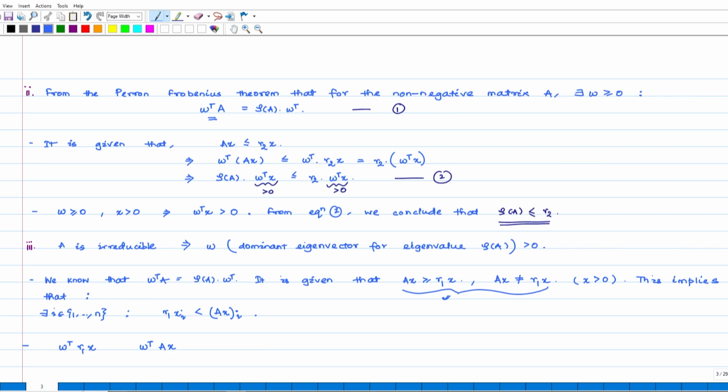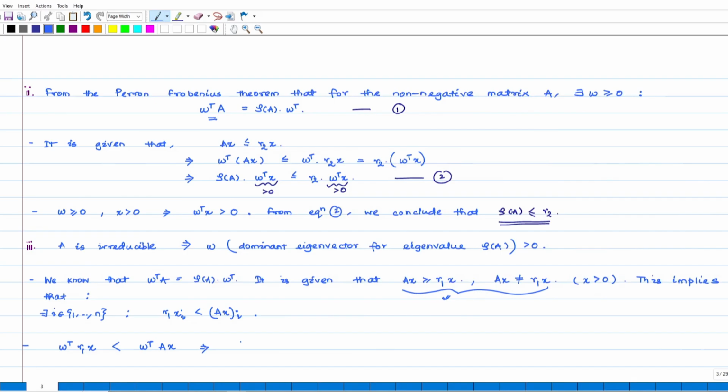We have two vectors such that at least one of the components of one vector is strictly less than the corresponding component of the vector on the right-hand side, meaning when we multiply w transpose on both sides, we get a strict inequality. It is not so difficult to think about it. You can pause the video here and try it out for yourself that this actually holds true.